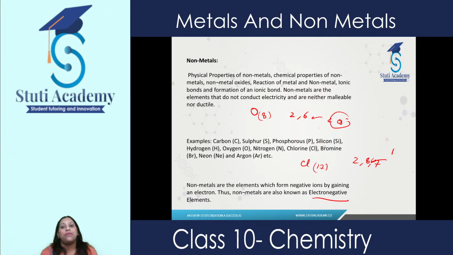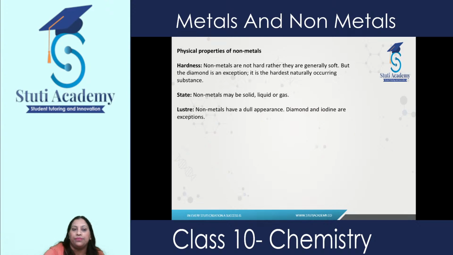When they are accepting electrons, they attain negative ions on them, or we can represent them by O2-, because it is accepting 2 electrons. Chlorine is represented by Cl-, which means only 1, so it is accepting 1 electron. So we can represent them by these formulas. These are the ions formed, and that's why they are known as electronegative elements.